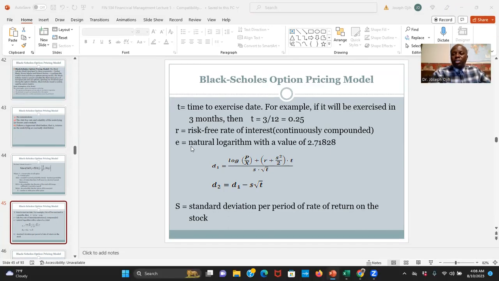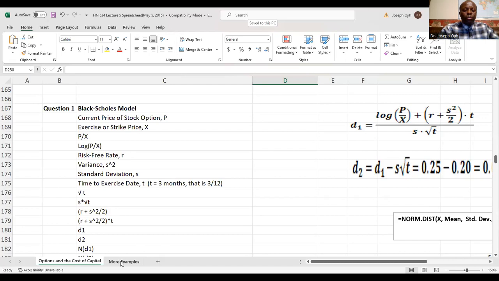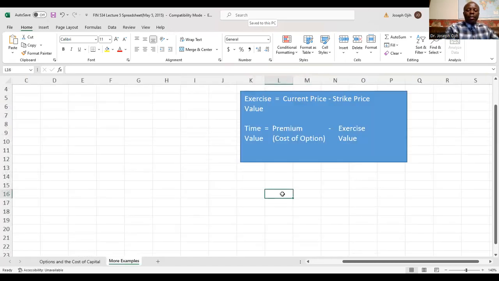Now, e is the natural logarithm base. It's a constant, and its value is 2.7182. You can get it directly from Excel. Remember, when you want to get something from Excel or do any calculation, you need to put the equal sign first to get the cell ready.